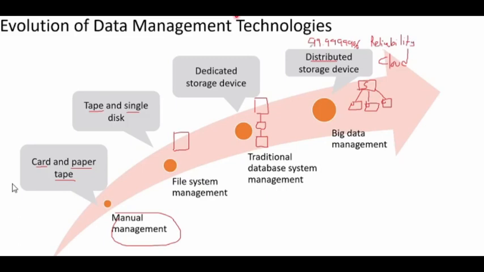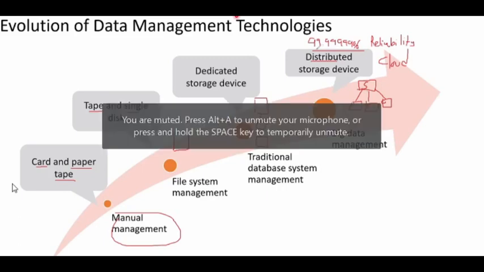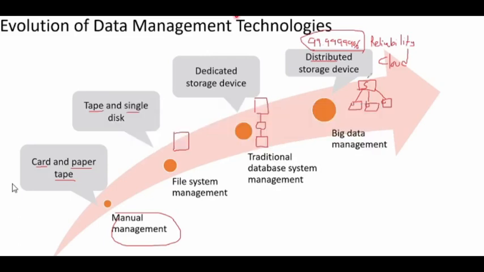Right? So to achieve this 99.999% reliability, usually it's about 11 times 9 or something, they have to use distributed storage. If they use dedicated storage, they cannot achieve this reliability. Something that you just have to know, right?